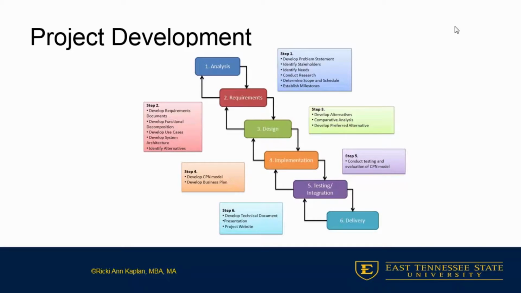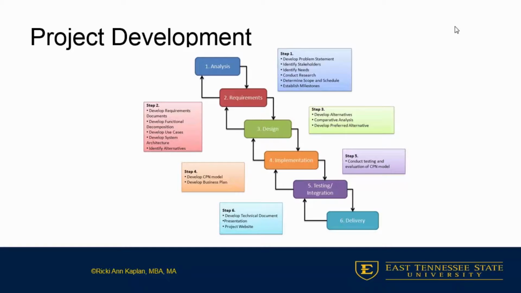Product development, starting with analysis. Developing your problem statement, identifying stakeholders, identifying needs, conducting your research, determining your scope and schedule, taking a look at your requirements, developing your requirement documents, developing your functional documents, developing use cases, developing system architecture, identifying alternatives, and then taking a look at design.